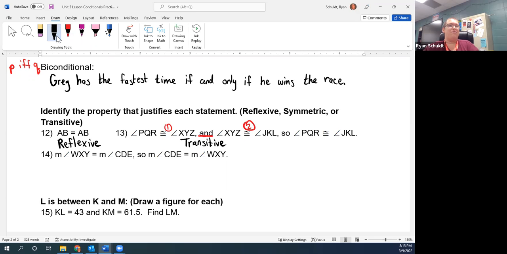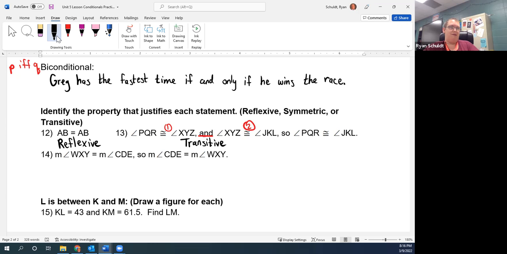Think of it like you're in transit to your final answer. You have to stop at XYZ on your way to JKL. But eventually you get there. So when it's long like this, with two pieces with the and, that's the transitive property.